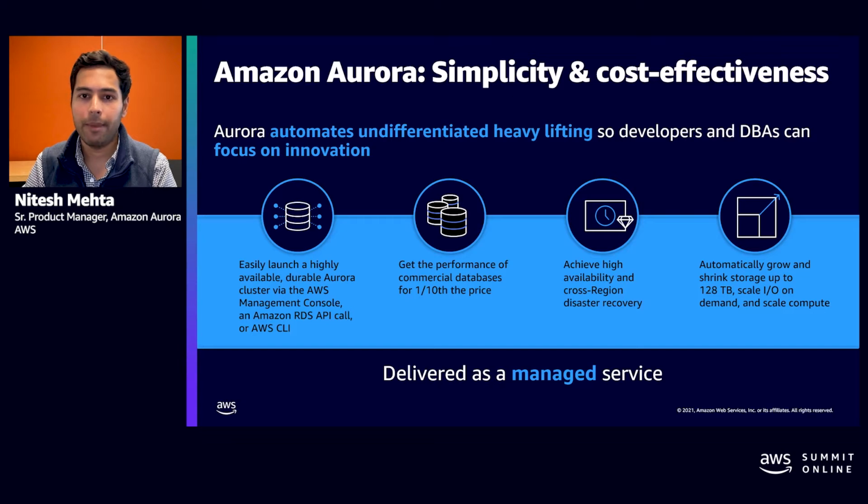They don't have to worry about taking upstream features from the community or installing any special extensions. All of that is taken care of for you. You can use the AWS CLI, the API, and the console to provision these databases when you need them and tear them down. And of course, it's 1/10 the price of similar commercial databases.